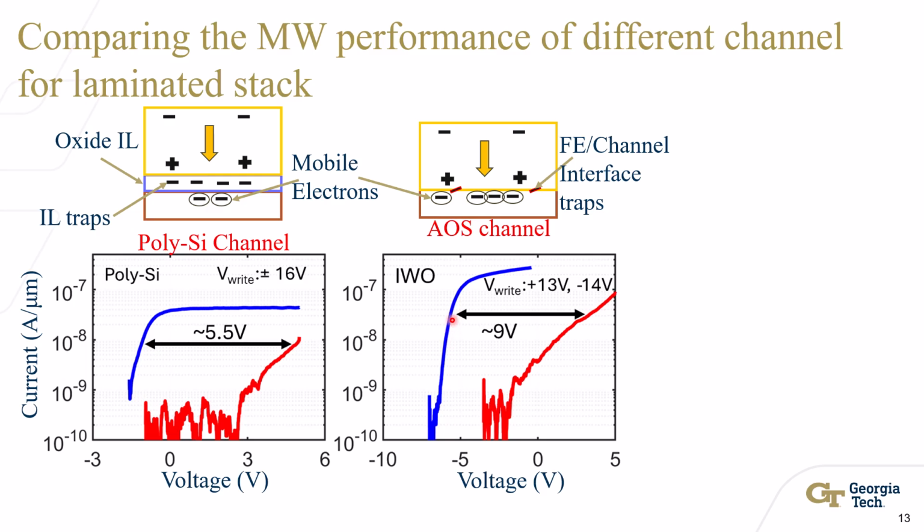This is because in case of the IWO channel, the ferroelectric polarization during the program pulse is primarily screened by mobile electrons, and it makes the channel more conductive and reduces my device's threshold voltage in a much more efficient way compared to the polysilicon channel, where the polarization is screened by the IL traps and they both counteract each other.